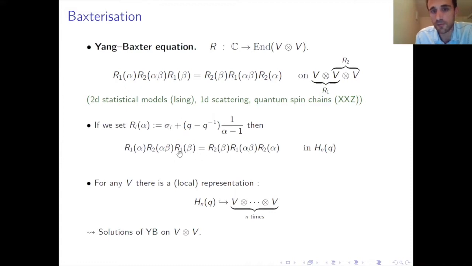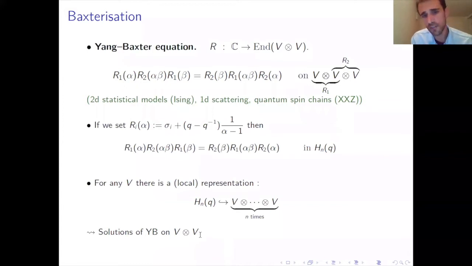We have this formal solution of the Yang-Baxter equation in the Hecke algebra, and through the representation, we can send it to a solution in the endomorphisms of a vector space. So we do get, at the end, solutions of Yang-Baxter equations on V times V.